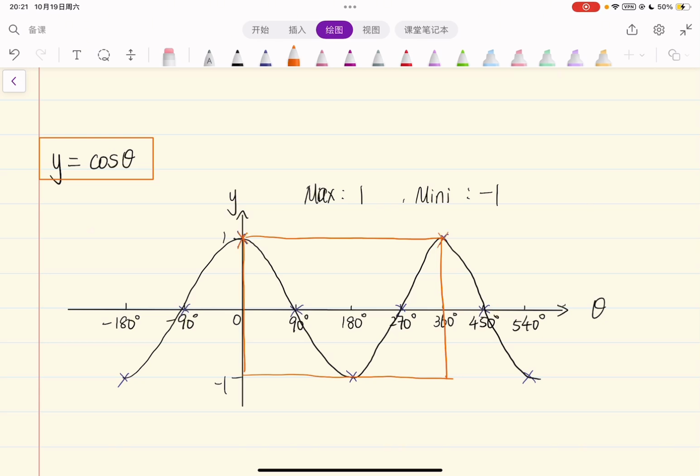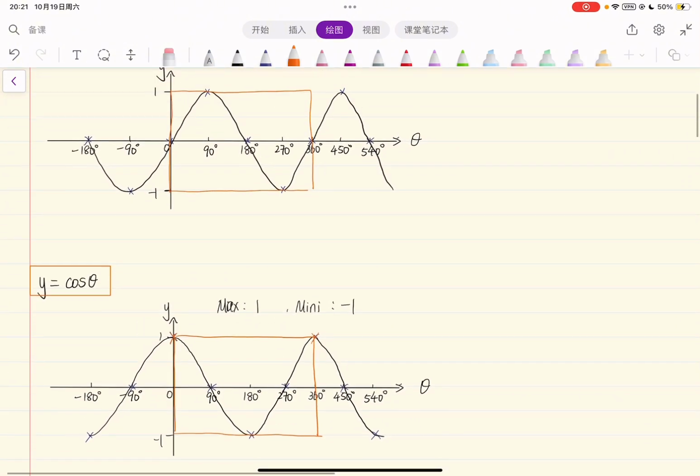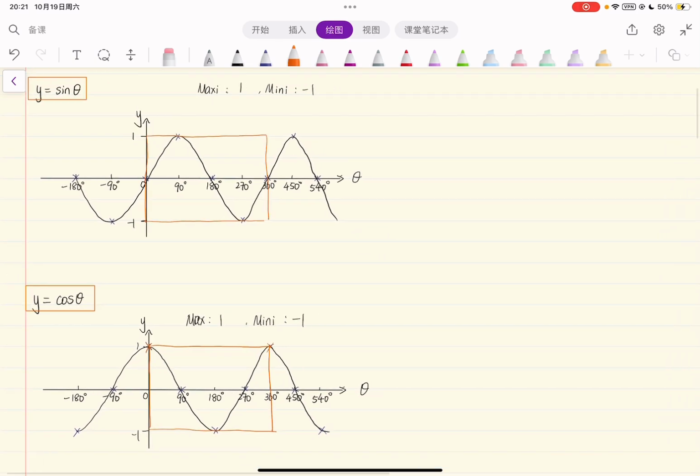So we say that it repeats over 360. The difference between cosine and sine is that when theta equals 0, sine theta starts from the origin, but cosine theta starts at (0, 1). So if you want to draw sine theta and cosine theta, you start from different points when theta equals 0.